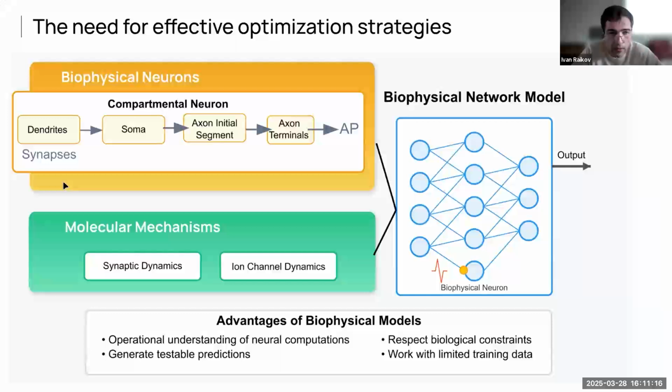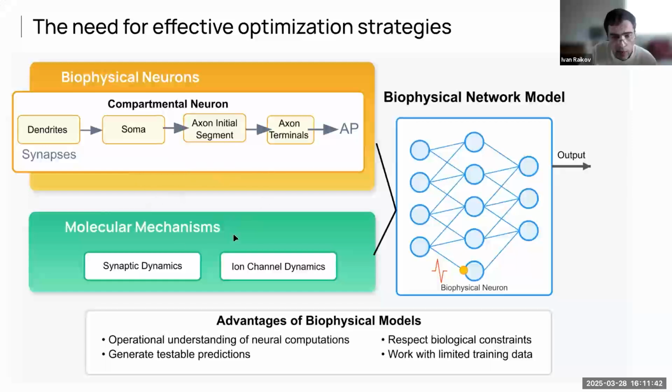With that lofty goal in mind, we have started developing a number of biophysical neural network models that aim to recapitulate the functionality of the Mine in Vitro neural cultures. We build models based on biophysical neurons that consist of distinct morphological compartments such as dendrite, soma, and synapses that process the input signals. The dendrites integrate them, and then the spikes are generated in the axon.